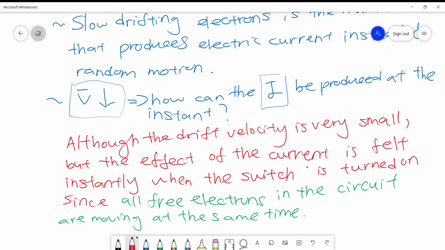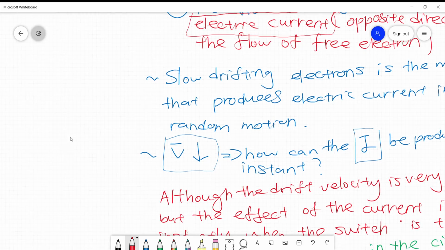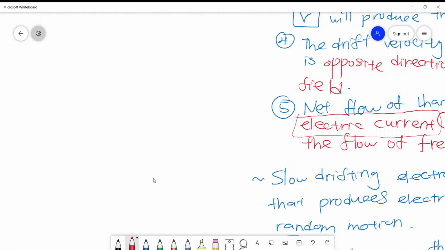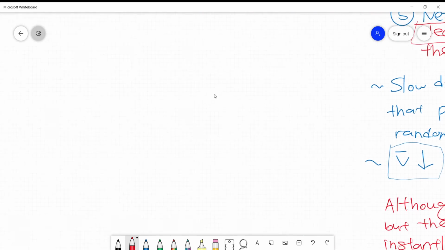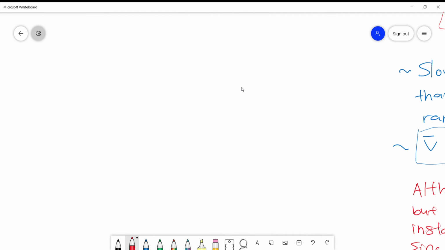Okay, let's move on to the next part. There's actually another question. My question is, when we leave the circuit on for a long time, such as 1 hour or 2 hours, we will feel the temperature of the wire keep increasing, right?